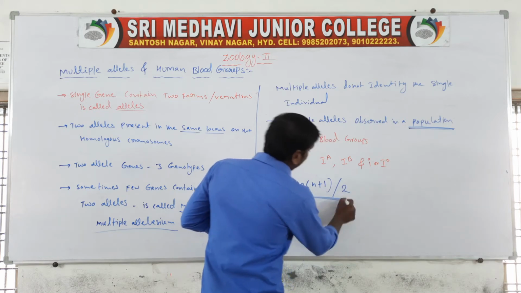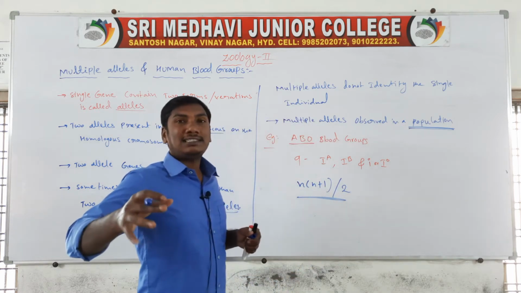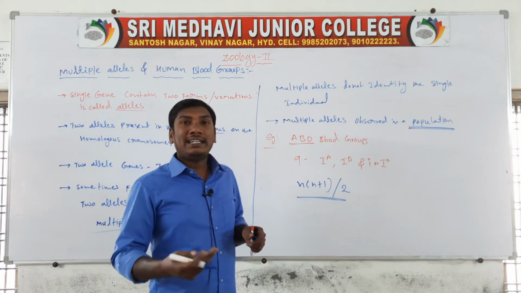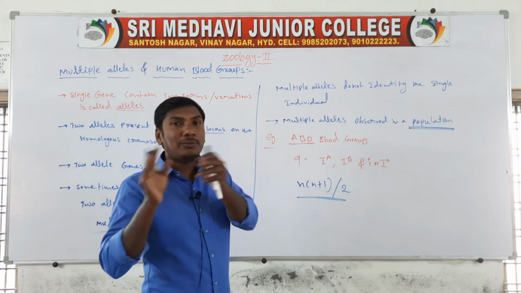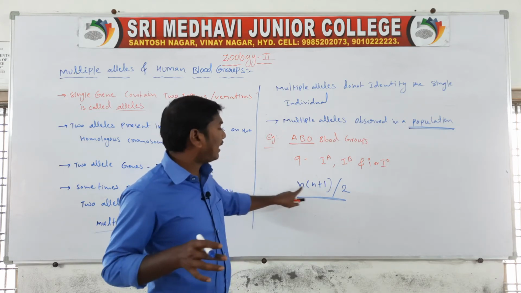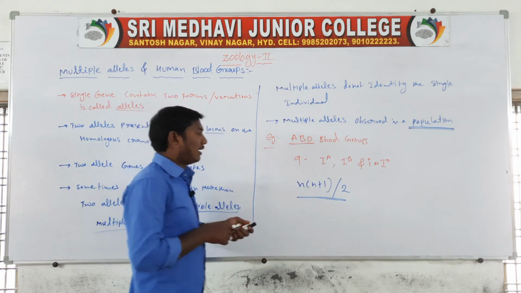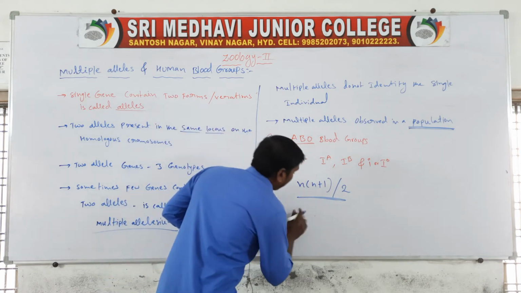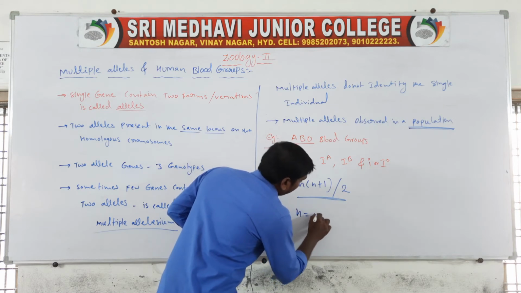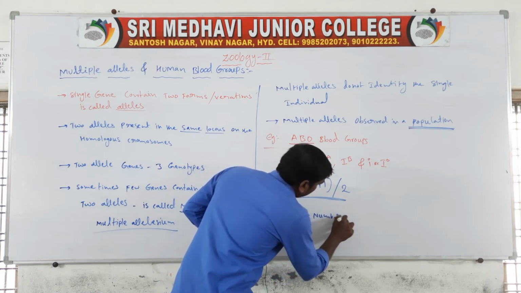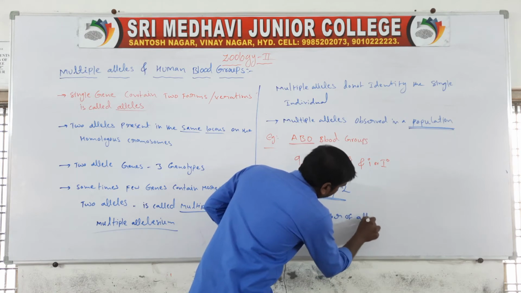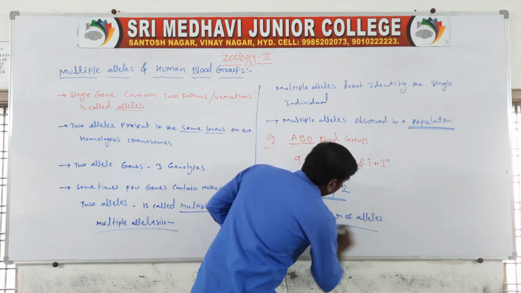This identifies how many genotypes there are. Here, n means the number of alleles.